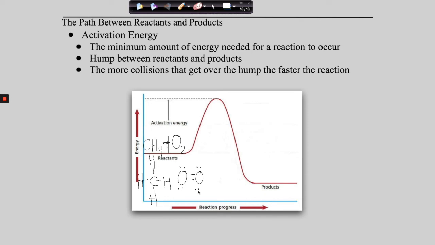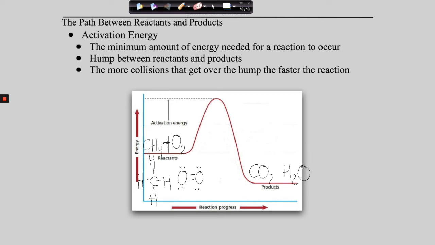Okay, so now let's talk about this reaction. What kind of reaction is this? This is a combustion reaction, not single or double displacement. And when we talk about combustion reactions, we know our products. They are carbon dioxide and water.